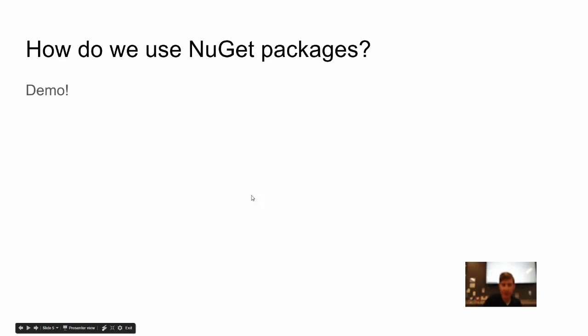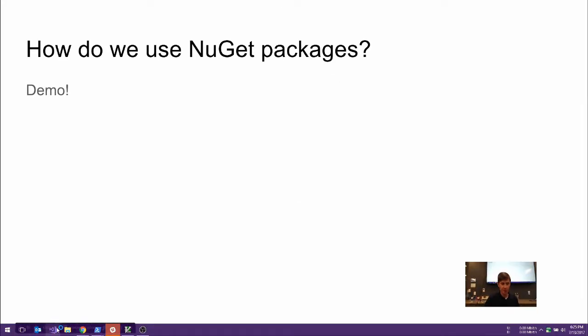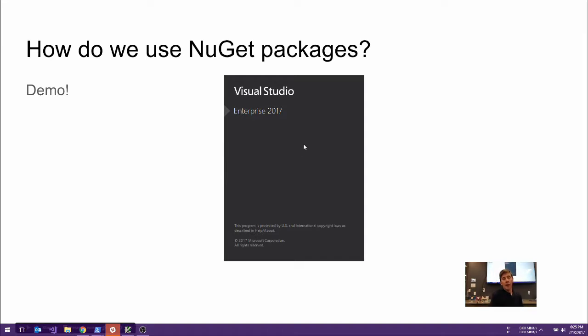Okay, so with that, let's just jump into a demo here. So I'm going to go to Visual Studio, and we are just going to start a new project. That project is really not going to have anything, but we're just going to pull in a NuGet package so we can see what that process looks like.